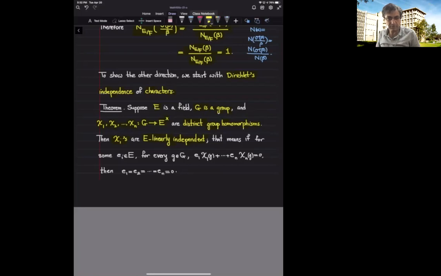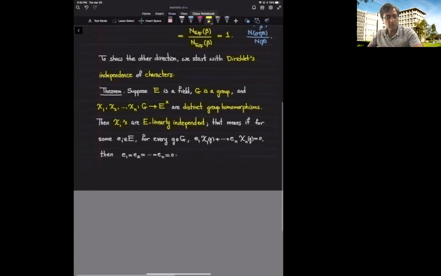The set of all the functions from G to E is a vector space. And in that vector space, these chi sub i's are E-linearly independent. But we can say what E-linearly independent means without going to that vector space. So let's spell it out.